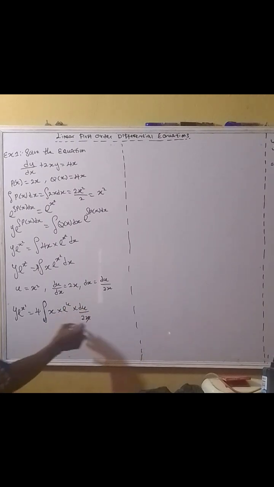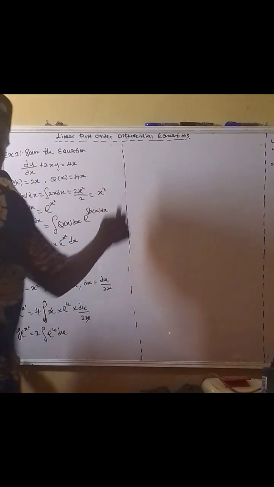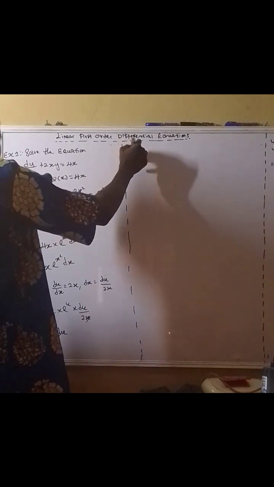So at this point, x cancels x, then 2 here. Are you with me? So you have 4 times 1 over 2, so 4 divided by 2 gives you 2. So you have y e raised to power x squared equals 2 integrating e raised to power u du. If you integrate, you know the law of integration already.